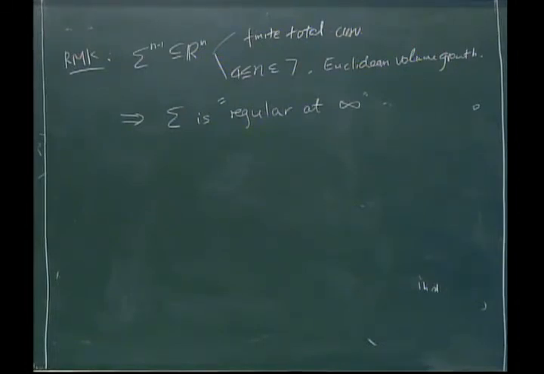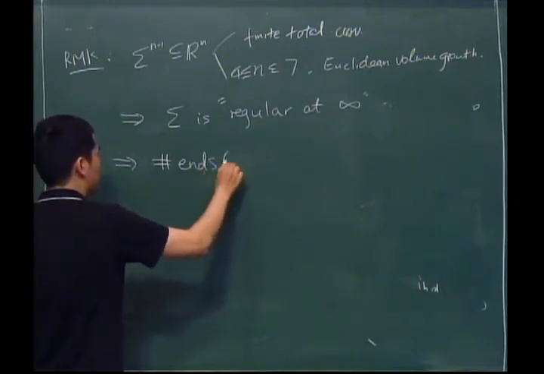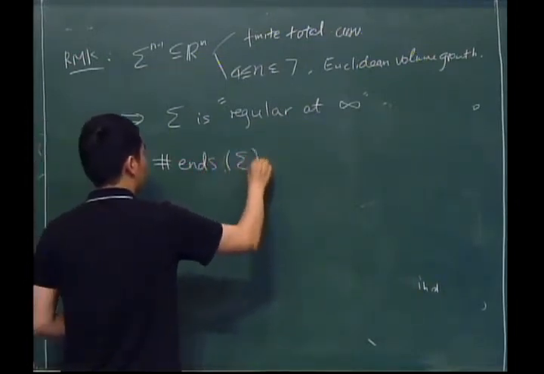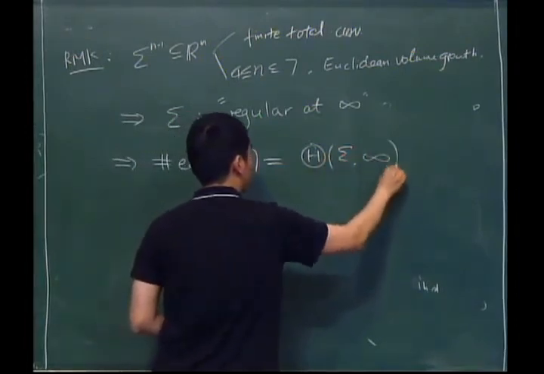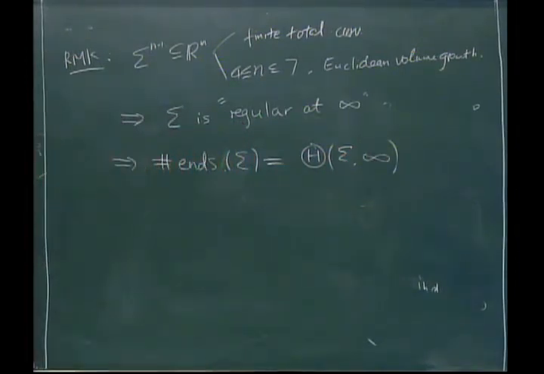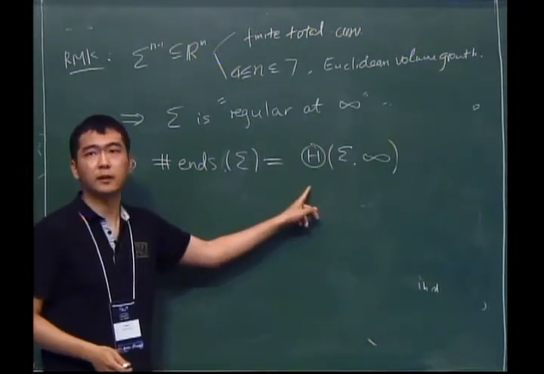So in other words, there's a geometric interpretation of the number of ends. That is, the number of ends of sigma is going to be the density at infinity of the surface, right? So our theorem basically says that under some proper conditions, we can use the Morse index to bound the density at infinity.